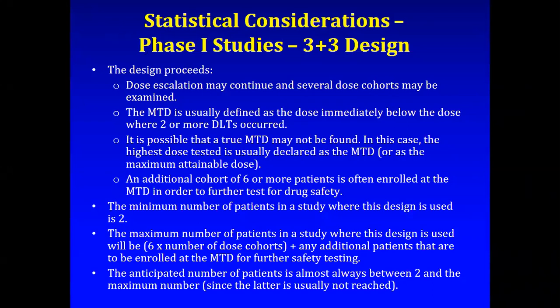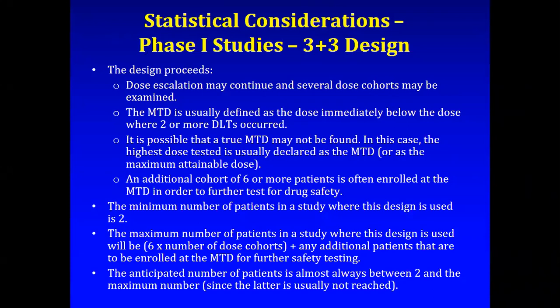So how do we determine the maximum number of patients? Well, I wrote that out down in the next step. Even though we're fairly certain when we design these, we won't have 6 in each dosing cohort, we should plan for that as a worst case scenario.